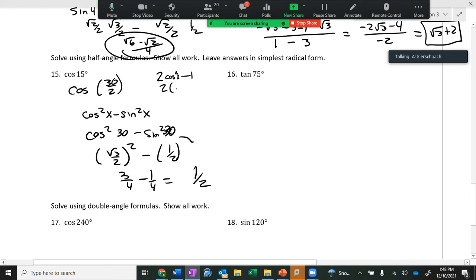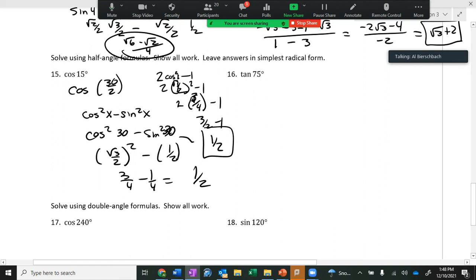Well, let's do it for square root of 3 over 2 squared minus 1. So 2 times 3 over 4 minus 1. 2 times 3/4 is 3/2 minus 1, which is 1/2.